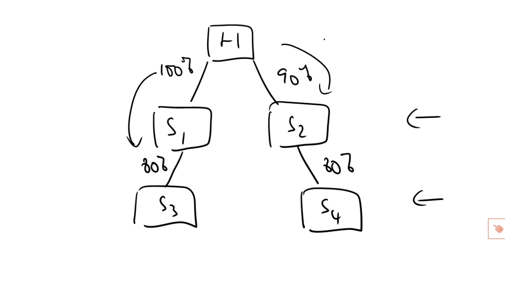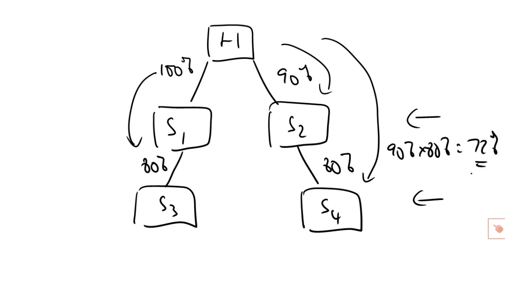But then, of course, the effective link down to S4 was 90% of 80%, which equals 72%. That meant that S4 was unable to group relief with H, or with S1, or with S3.